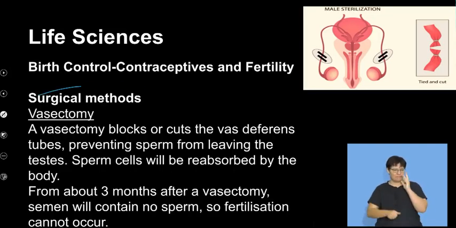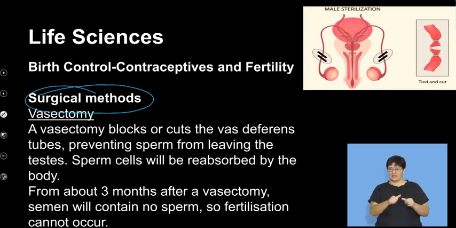Okay, there are surgical methods, guys, which is the next category. This involves the vas deferens in males being surgically cut and or tied, preventing the pathway of sperm from moving into the ejaculatory duct. When they are tied, there's a break in the pathway stopping the sperm from traveling up.